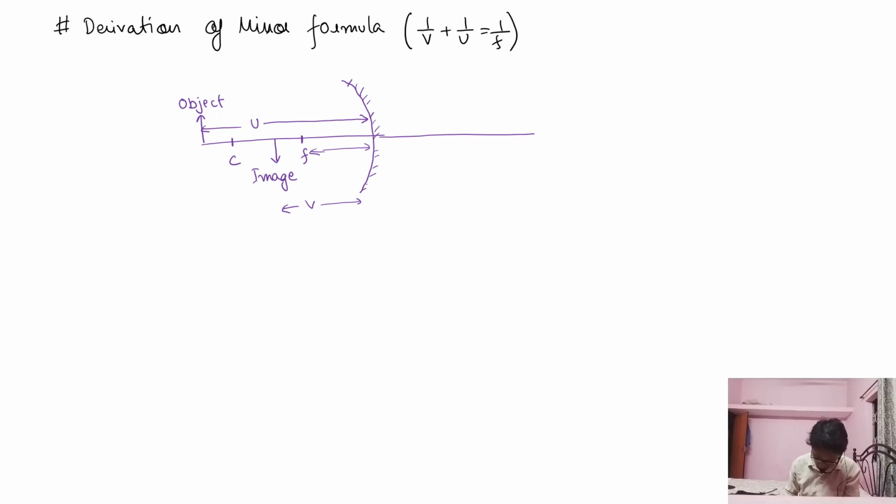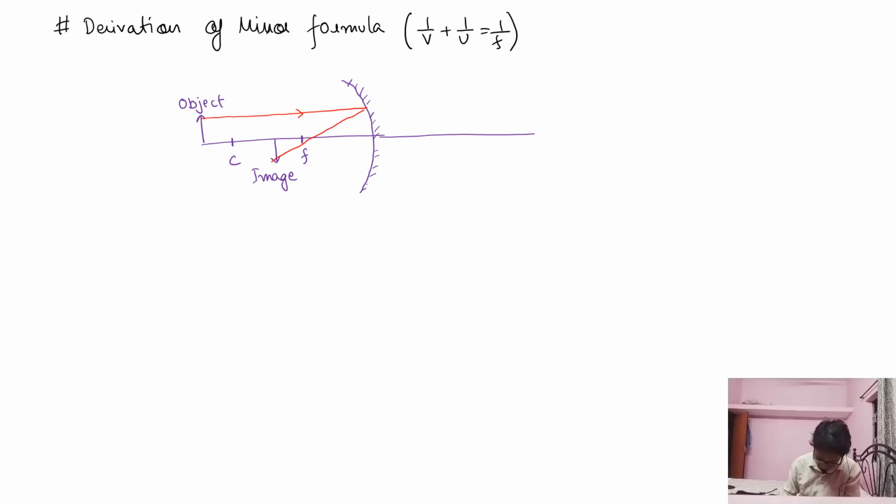Before proving those distances, let us draw a few ray diagrams. Achha, how will this object form an image out here? Let us see. The first ray goes parallel to the principal axis and goes out here.